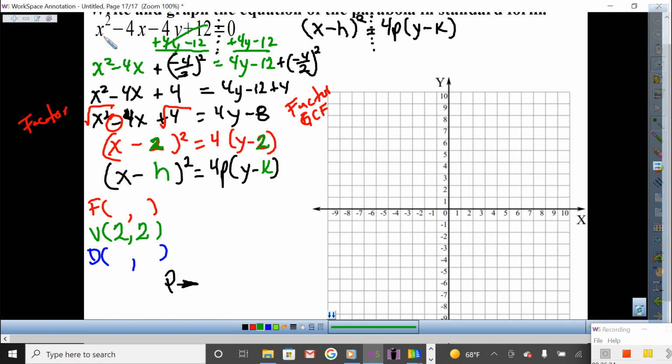Since the x has the square, that means that all 3 points have what in common? The x value, right? So this one is 2, and this one is 2 for x. So what is the only thing that we need to find? The distance between each of the points. Well, check this out. Look up to the screen.